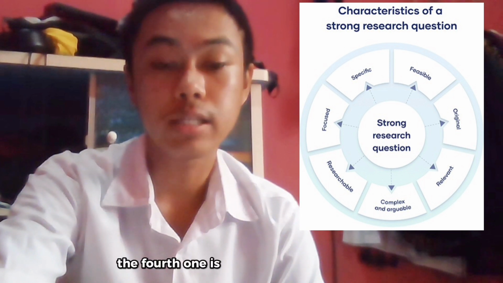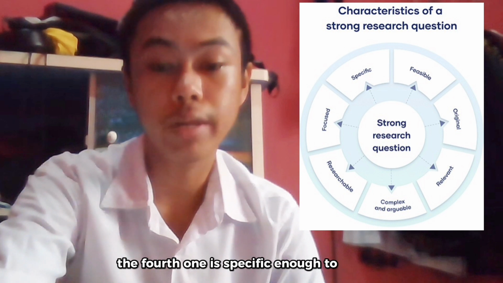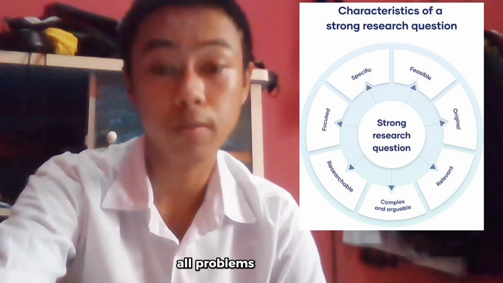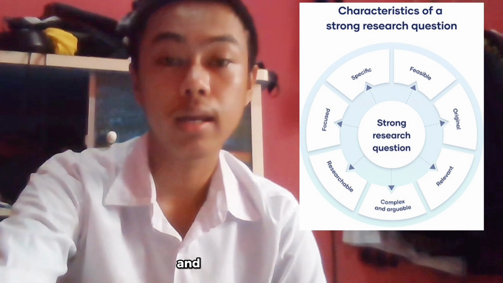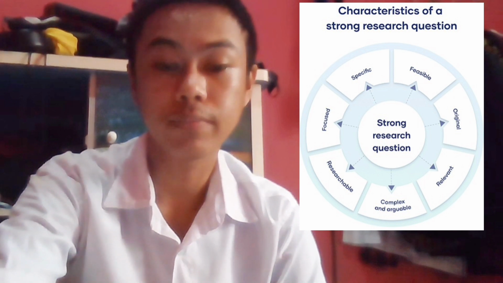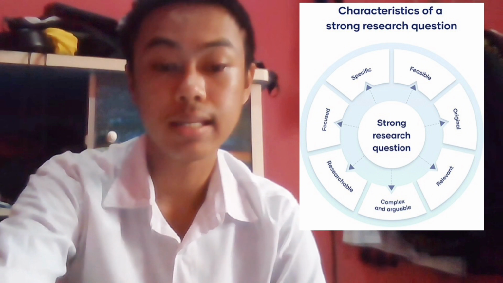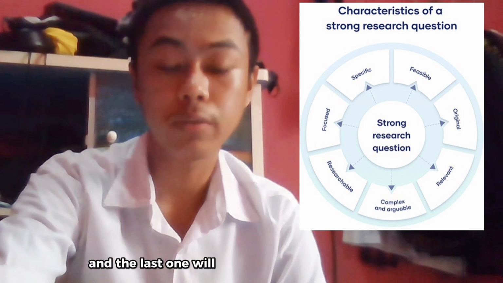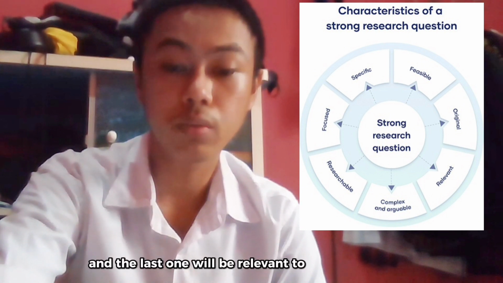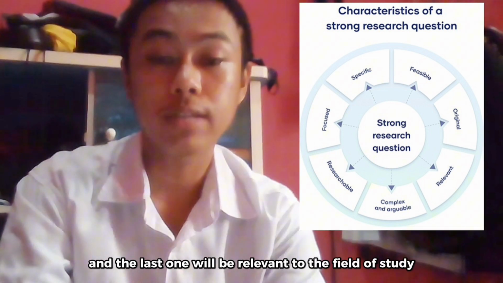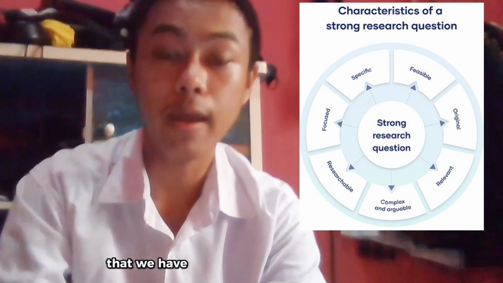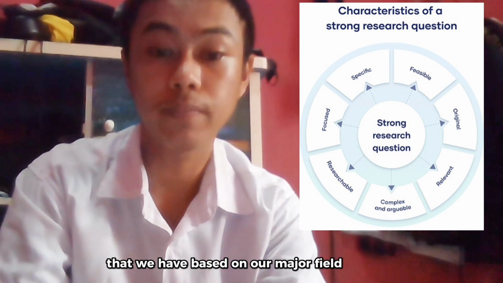The fourth one is specific enough to answer all of the problems thoroughly. The next is complex enough to develop the answer over the space of the thesis. And the last one is relevant to the field of study that we have based on our major field.